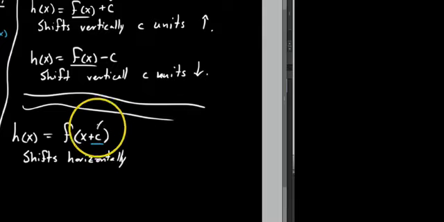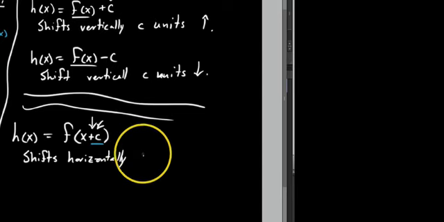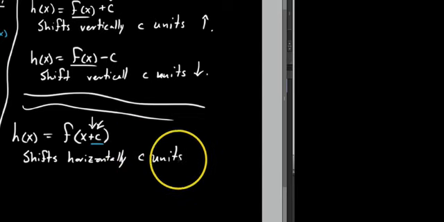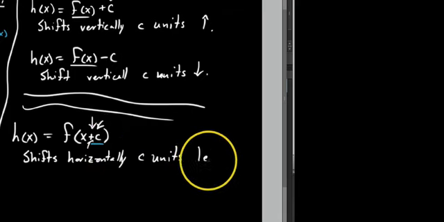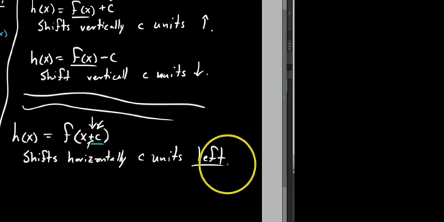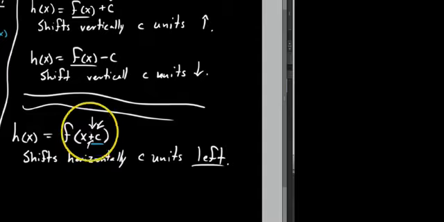Whenever you're dealing with the c value on the inside, it's always opposite of what the operator would lead you to believe. You would say, oh, this is going to shift horizontally c units to the right, in a positive direction, because this was a plus. It actually shifts c units to the left. So when we're dealing with things plugged into this parenthetical quantity, we're not going to believe what this plus sign actually says.